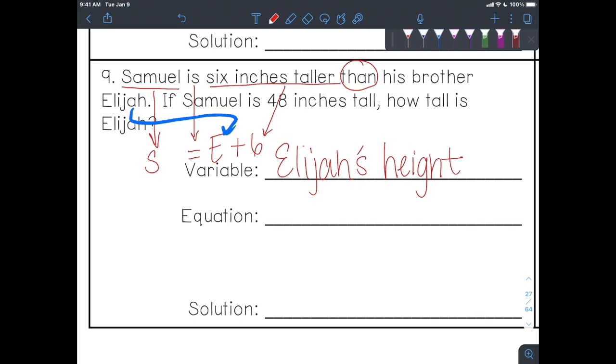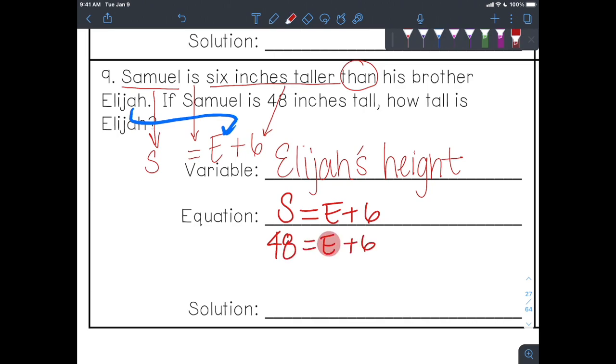So I have an equation. S equals E plus 6. And they told me Samuel is 48 inches. So 48 equals E plus 6.